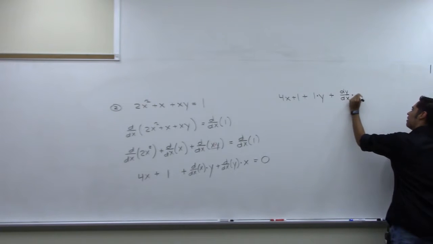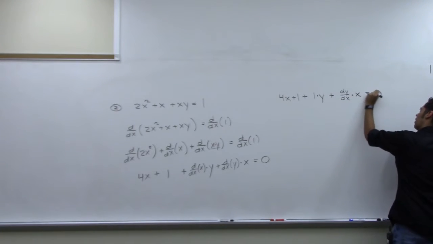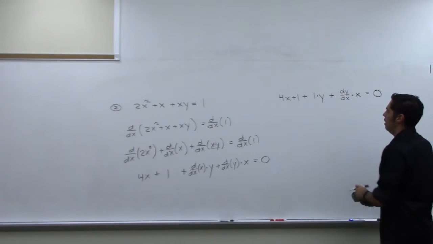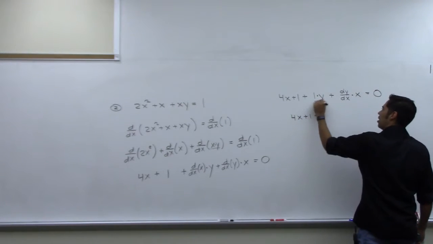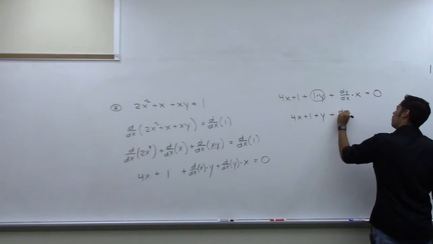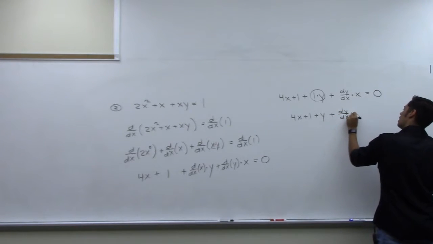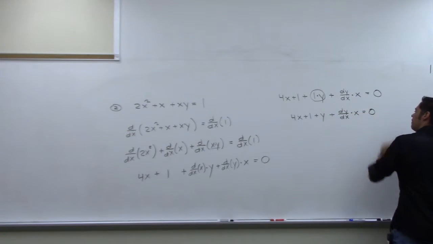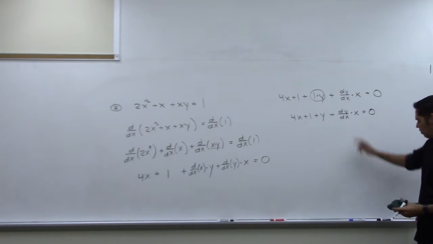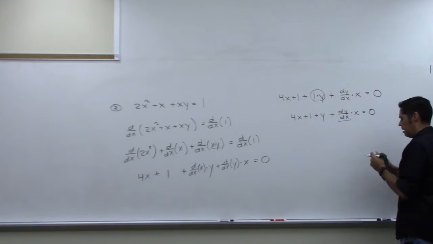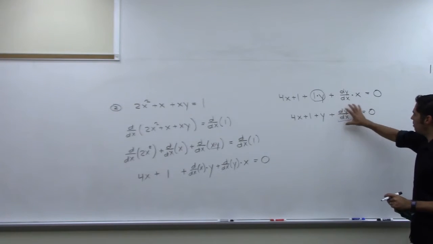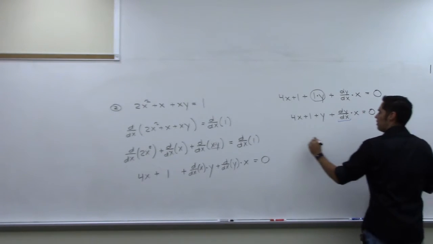But then times x, and then equals 0. Now I can rewrite this as 4x plus 1 plus y, plus dy dx times x equals 0. Now I need to solve for y prime, or dy dx. The first thing I'm going to do is isolate this term, so I'm going to move all the other stuff to the other side.